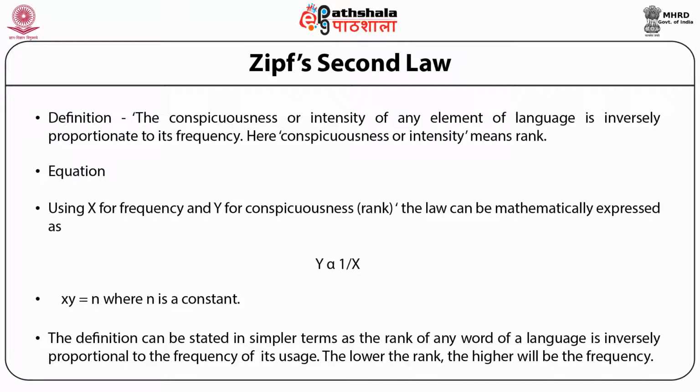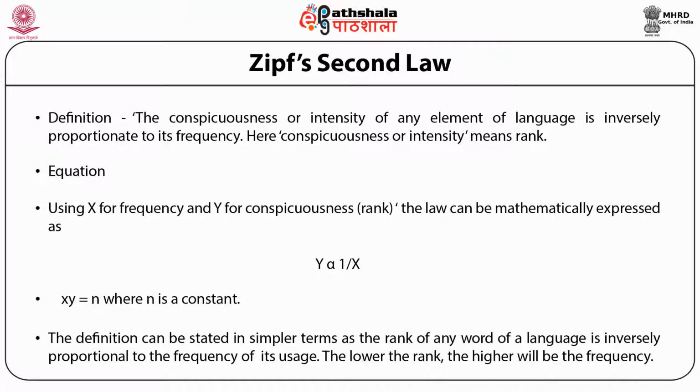In this case, X stands for frequency, Y stands for conspicuousness, that is rank, and the law is mathematically expressed as Y versus 1 by X. That is, xy is equal to n, where n is a constant.